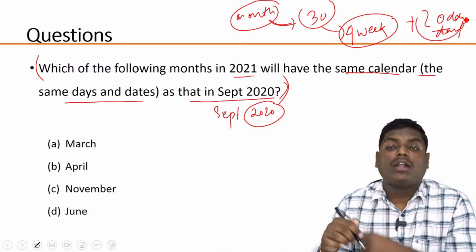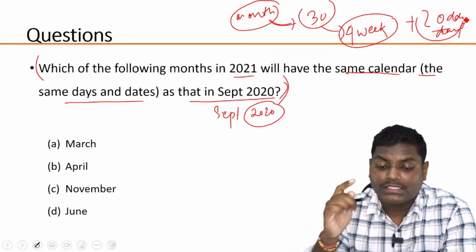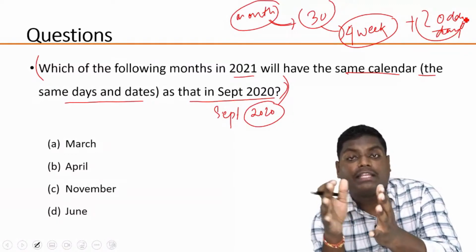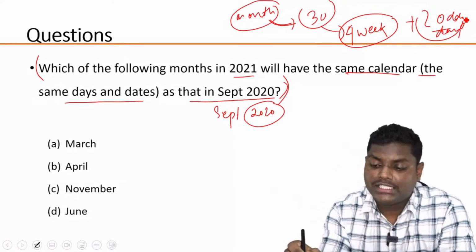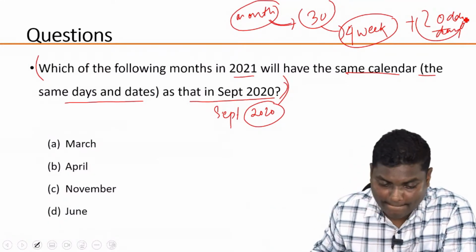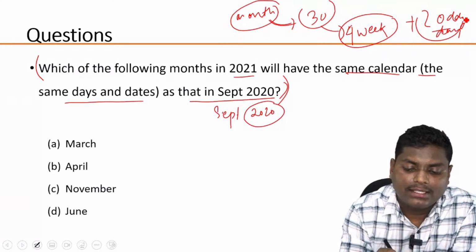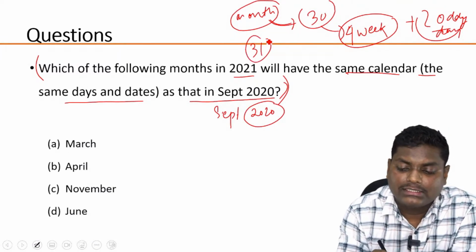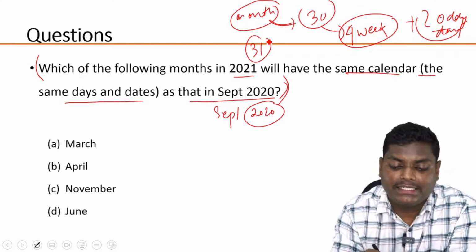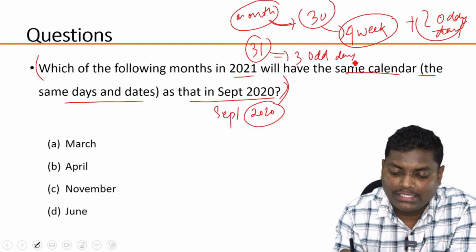These 2 odd days will help us in deciding the other date, because after 7 days, on the particular weeks, we'll be getting the same date. So in a month of 30 days, there are 2 odd days. In a month of 31 days, it's 4 weeks plus 3 days, so there will be 3 odd days. Odd days means extra days.